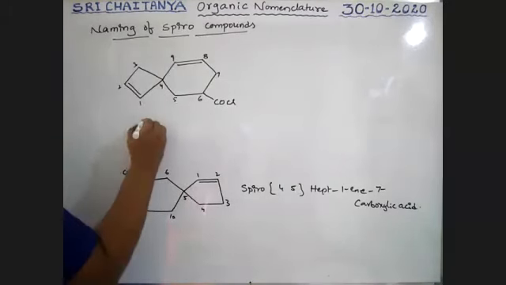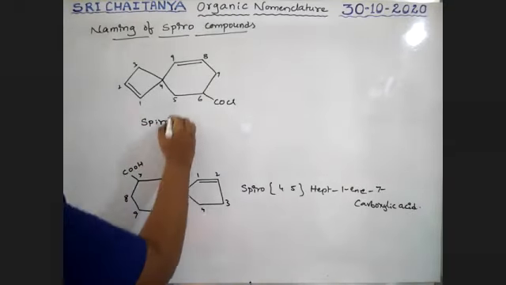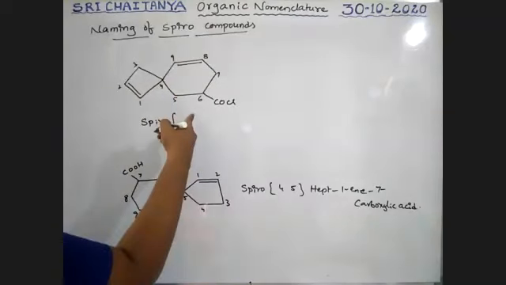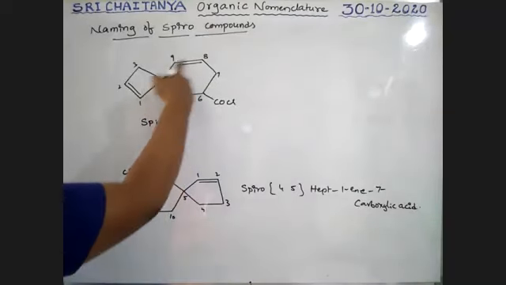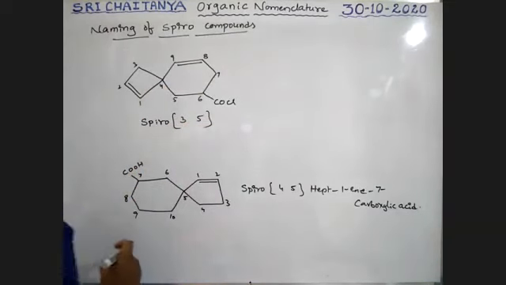Okay, spiro. Here 3 carbons, and here 1, 2, 3, 4, 5. So 3, 5. Sorry, don't use a comma.